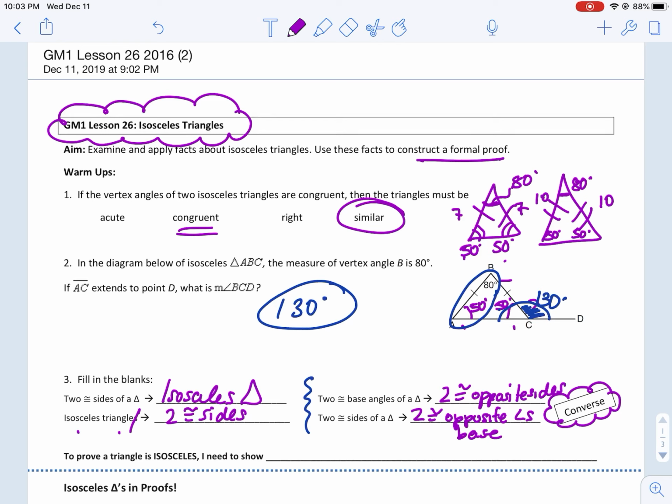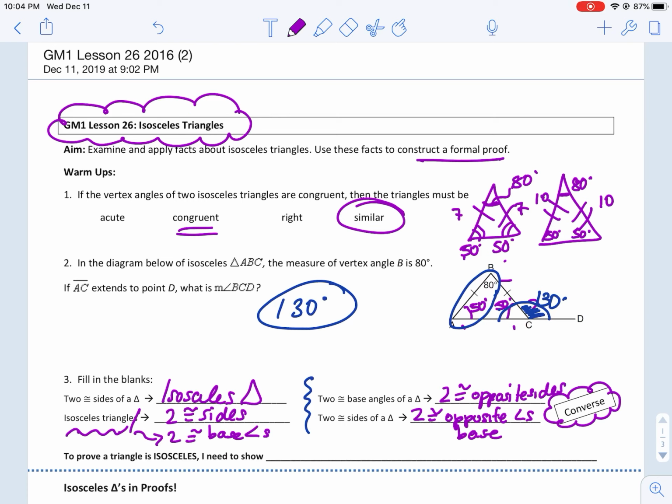Technically over here, if you have an isosceles triangle, by formal definition, two congruent sides is what we're looking for, but you can also say that you get two congruent base angles. So those are some of the have-gets we need. The general idea is, you've got two congruent sides, you get two congruent angles. You have an isosceles triangle, you get any of those properties.